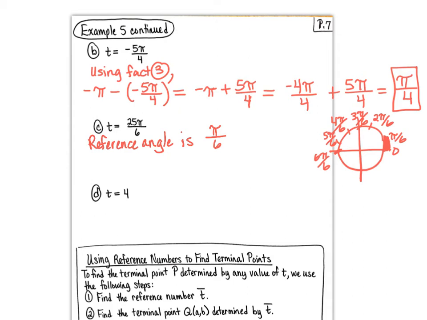Notice that we have 25 pi over 6 minus 2 pi. Minus 2 pi with a denominator of 6 means this is equal to what? What would you get whenever you take 25 pi over 6 minus 2 pi over 6? Or minus 2 pi? Pi over 6. No.